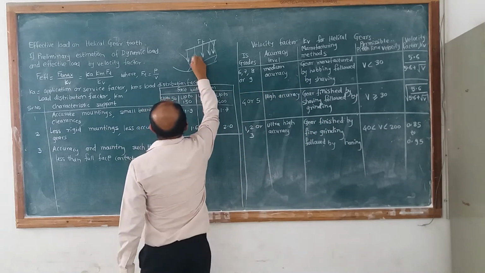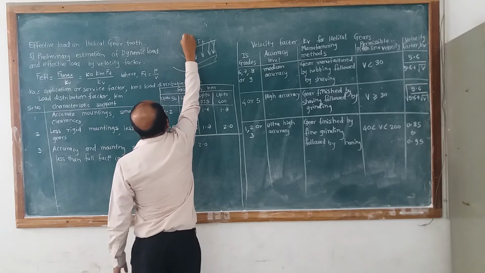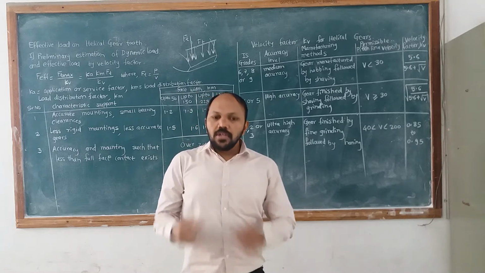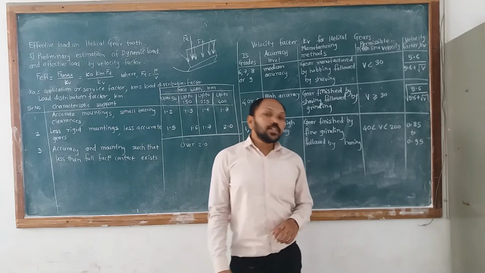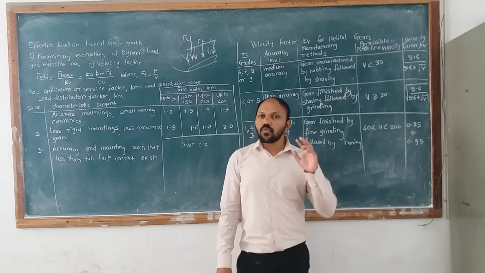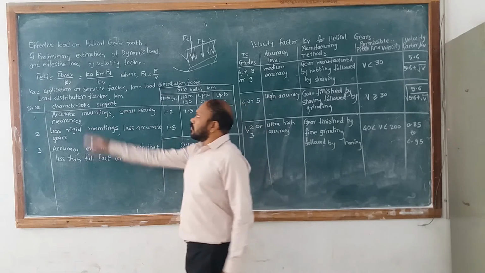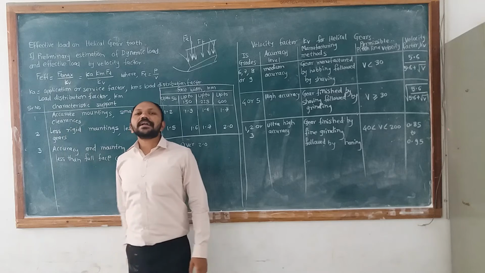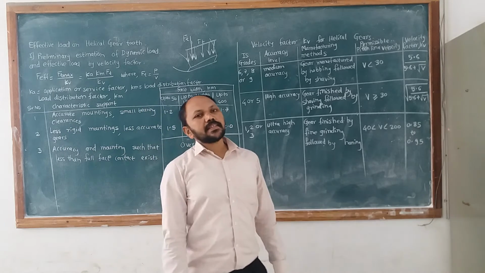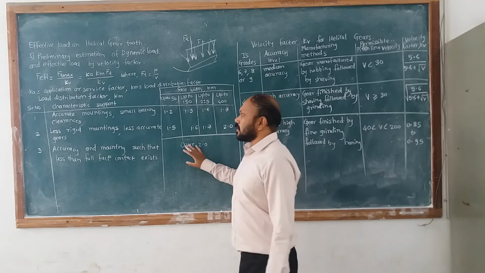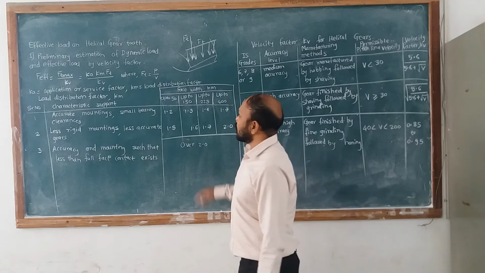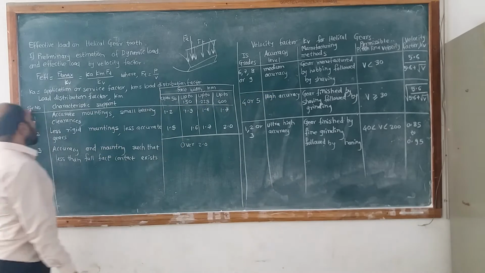For example, here forces are more, tangential forces are more at this location, because the load is not actually uniformly distributed as Lewis assumed. So to compensate for that, we choose the Km value from the table. What is this Km table? This is the table for finding the value of the load distribution factor, that is Km.